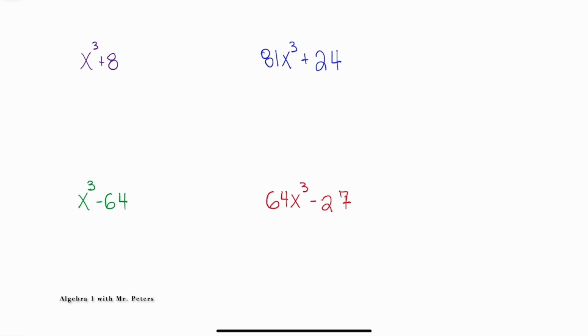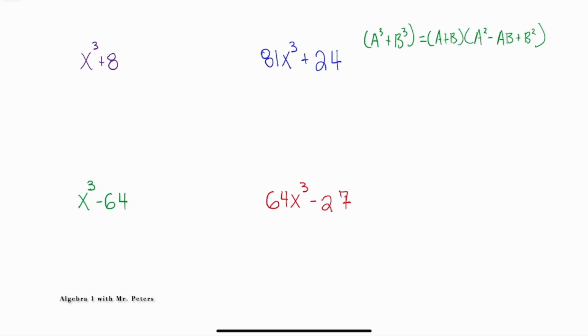Method number 9 is going to be the difference of cubes, and it's a little bit different than the difference of squares because we won't have that prime issue as often. So the cubes are going to take two formats, a to the third plus b to the third, and once we break this down, it's going to break down to a plus b times a squared minus a times b plus b squared.